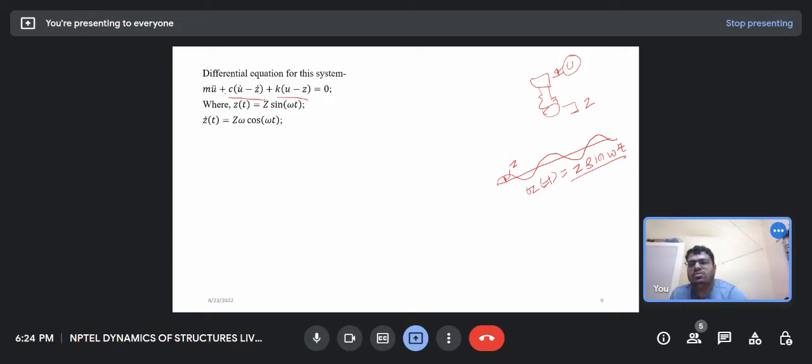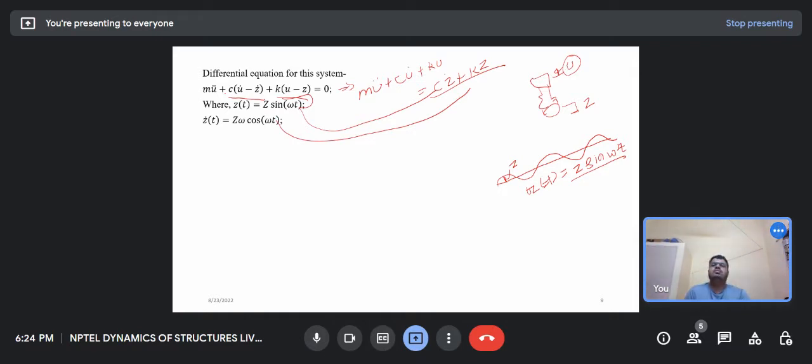Now rearrange this equation. Mu double dot plus cu dot plus ku is equal to cz dot plus kz, and put the value of z dot in this.